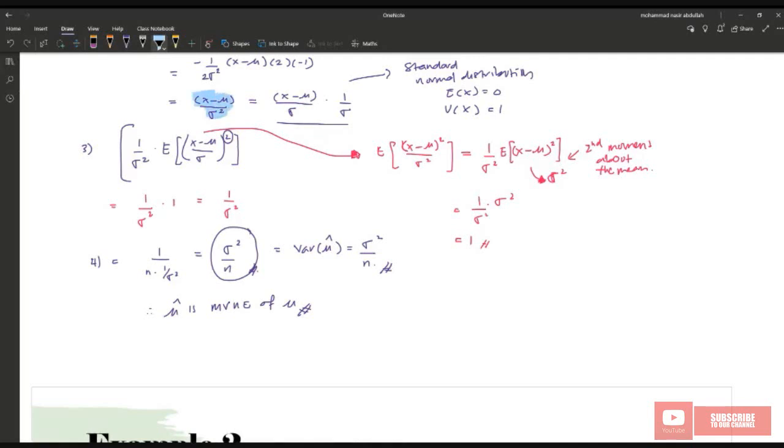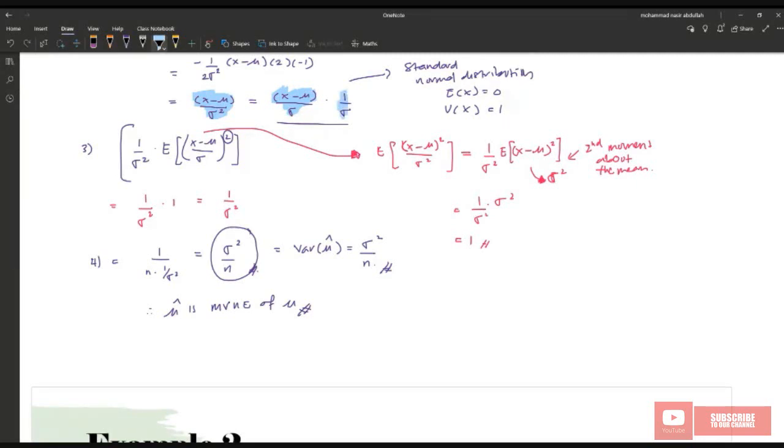Kalau kita squarekan this one, right? So we will get sigma power of 4, which is kita akan tak boleh nak cari expected dekat sini. So that's why we factorkan, right? X minus mu, this one sigma multiply with 1 over sigma.